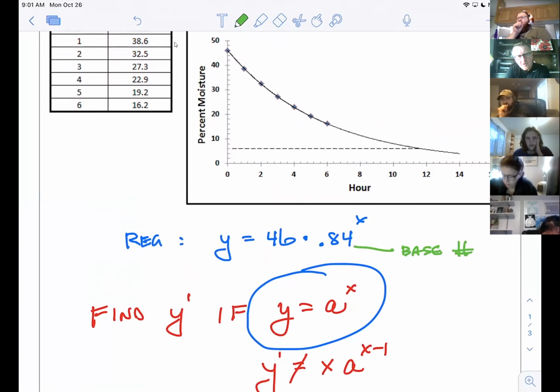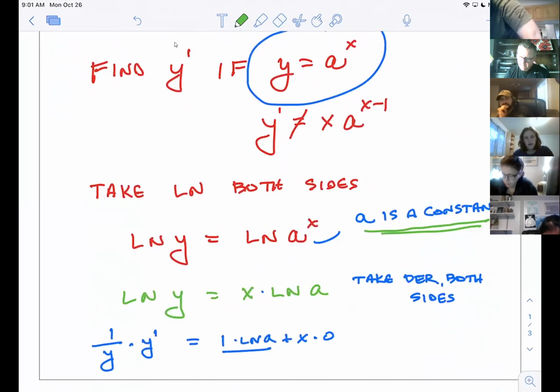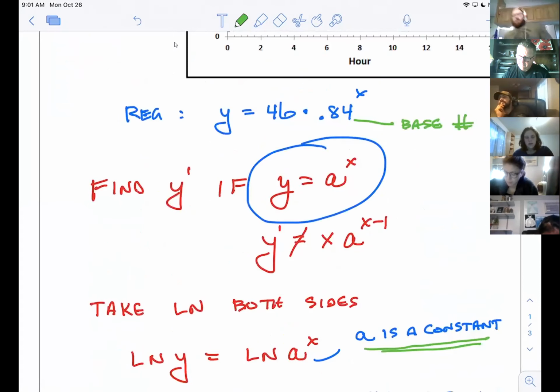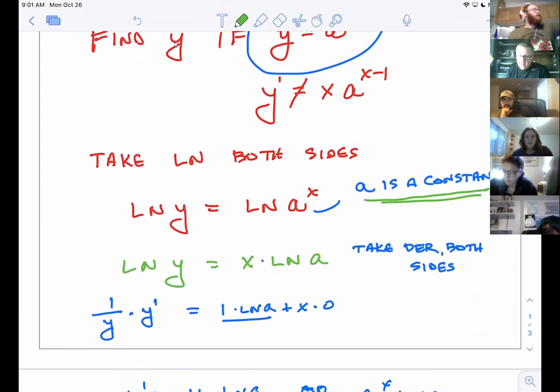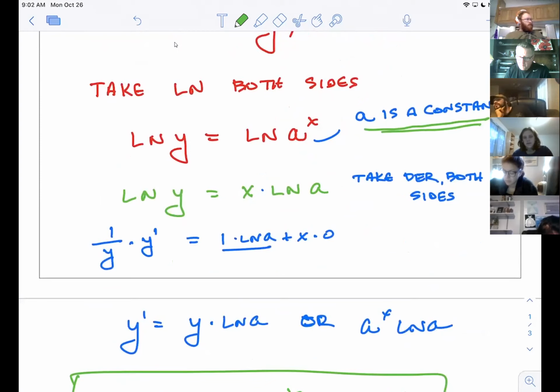That's what exponential equations are: equations where the base is a number and the variable x is up in the exponent. That's what makes it exponential. We call the base a, but we're trying to do this for any constant, because there are all kinds of different bases for exponential equations, but they're always numbers. We did this trying to find the answer for any value, but a is a number.